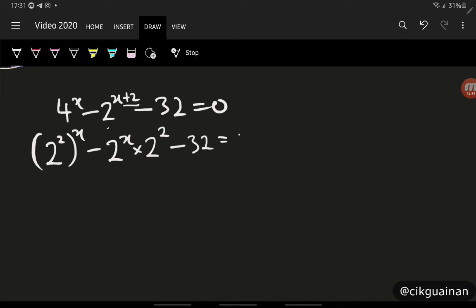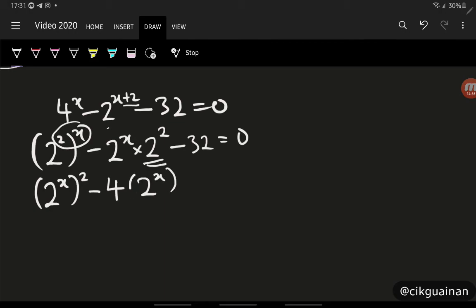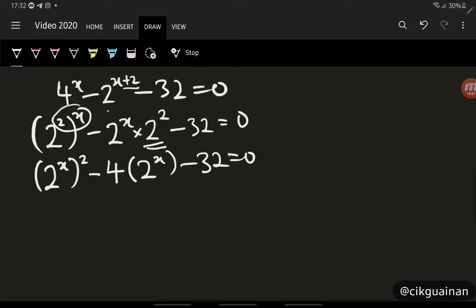Minus 32 equals 0. This way we can see 2^x here. Oh, this one is not yet. One more step. We switch places. So (2^x) squared minus this one 4, 4 multiply 2^x. I put a bracket, easy, like that, minus 32 equals 0.